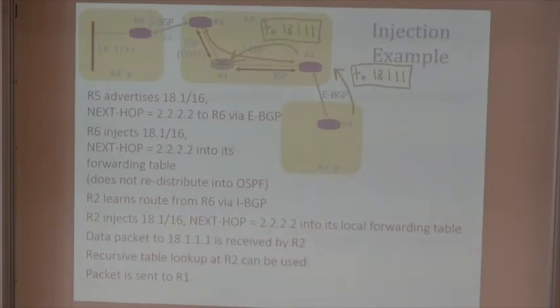So if we combine those things together, we see that when a packet comes at R2, R2 will have as next hop 2222. So R6 will inject, and here we are, R2 injects this into the local forwarding table, and a data packet that goes to this network here, when it's received by R2, will go to R1.